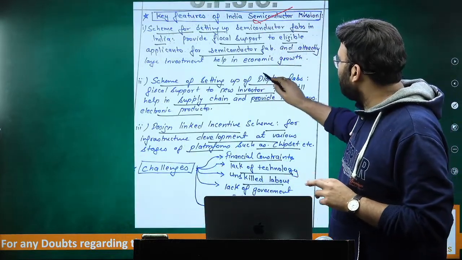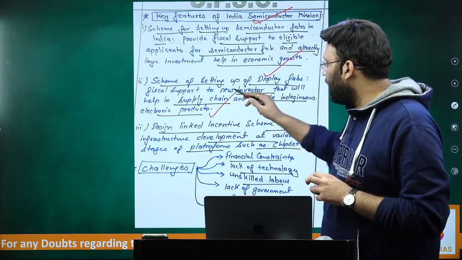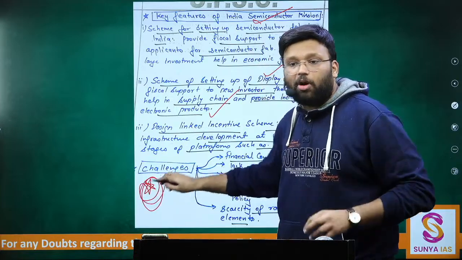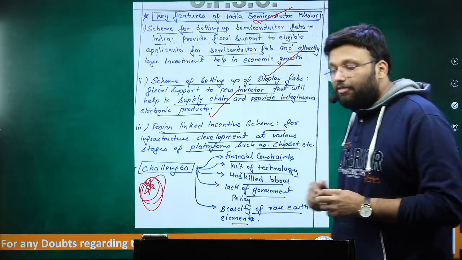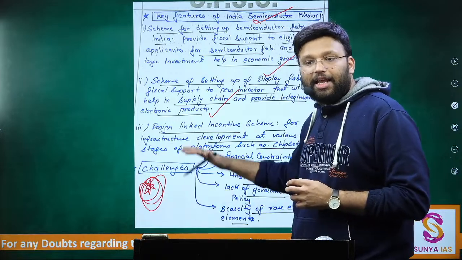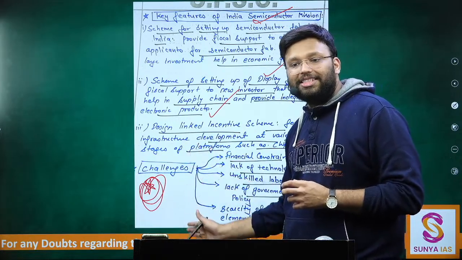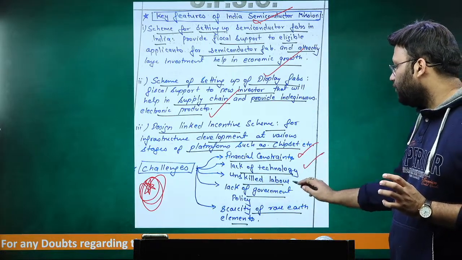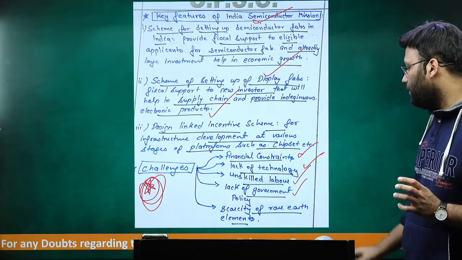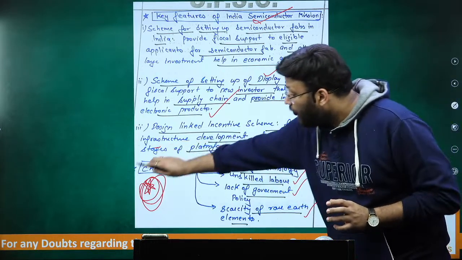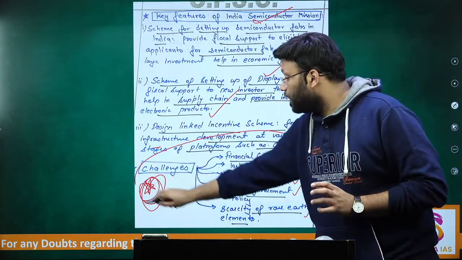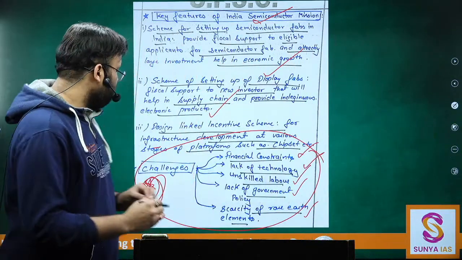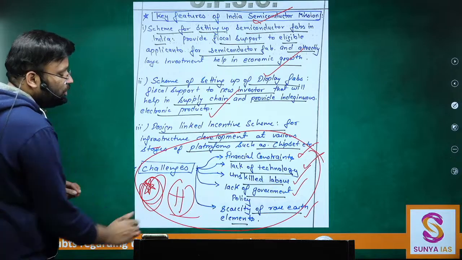Again, semiconductor fabs, display fabs, design linked incentive. This part is very, very good. I was talking about this, that in a very crisp manner, how you can just tell the crisp challenges. What are the challenges? Financial constraints, lack of technology, unskilled labor, government policy, and rare earth elements. If I am the examiner, I would definitely give plus one marks to this copy.